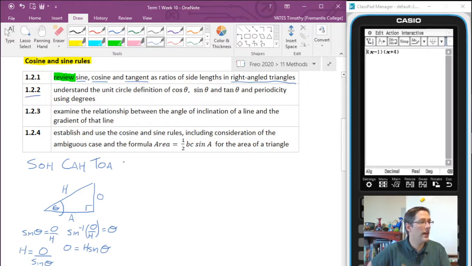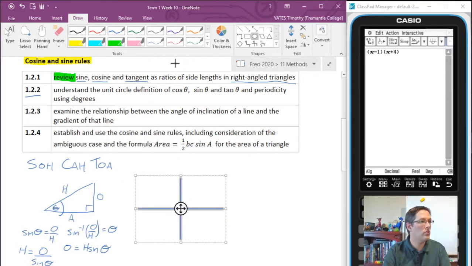1.2.2 is understanding the unit circle definition of cos theta, sine theta, and tan theta. So that's basically if I've got my circle, and I'm going to do it in red here.